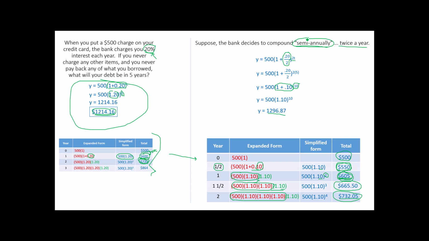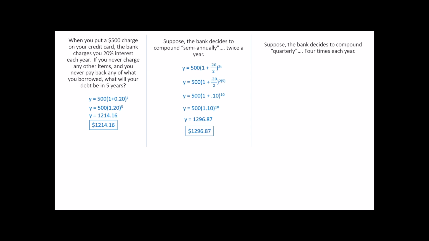But they don't even have to compound semi-annually. Notice I've copied my annual compounding here for the 3rd time. This is the problem we just solved where we compound twice a year. But I don't have to compound twice a year. I could compound quarterly.